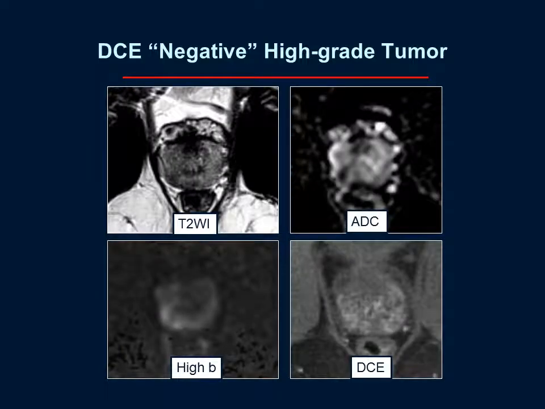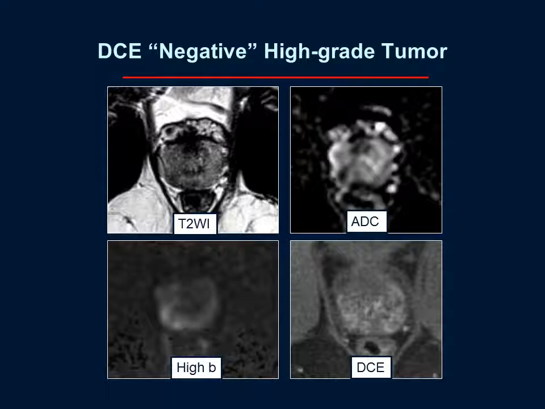One thing to be aware of is that DCE does not show the consistent association with grade that DWI does. Diffusion is more reliably showing high-grade tumors and may not detect low-grade ones. With DCE, it might show a low-grade lesion, and then we may have some high-grade tumors that do not have a DCE correlate.